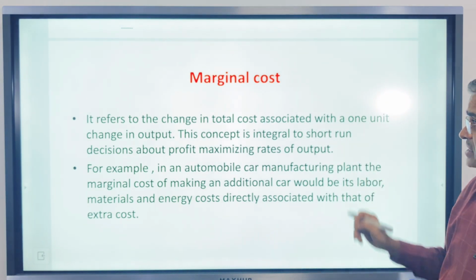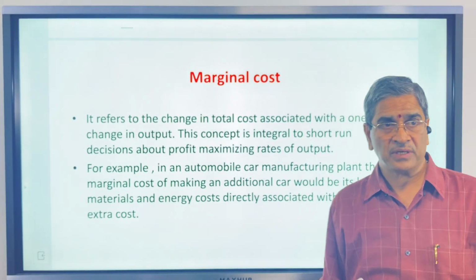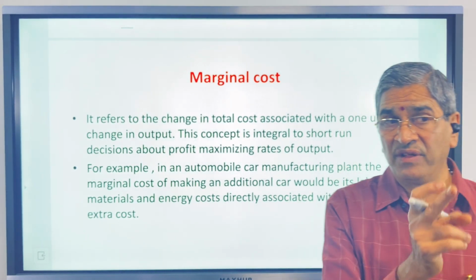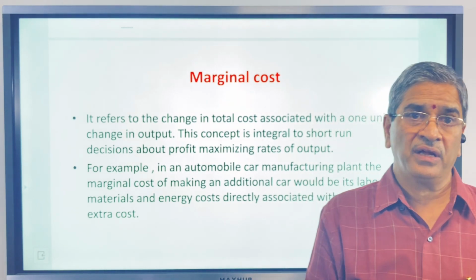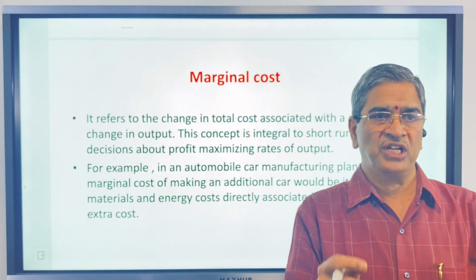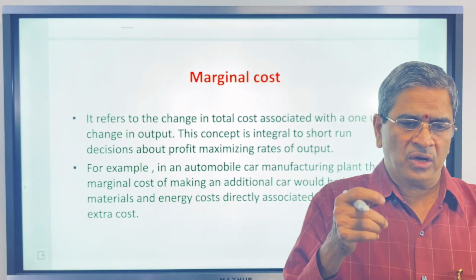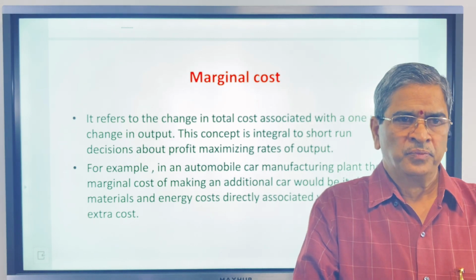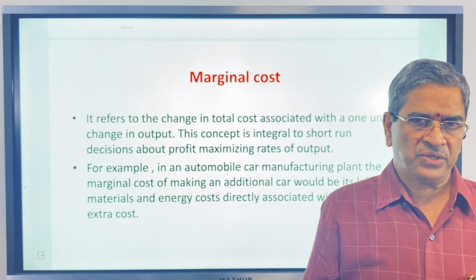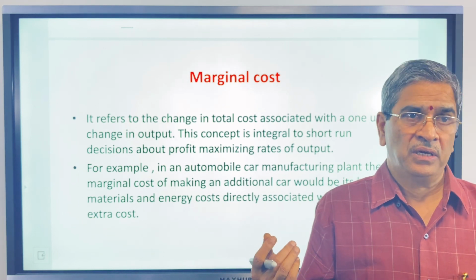Then we have another concept known as marginal concept. Marginal concept, as we have defined in marginal productivity theory, marginal means additional. The cost of producing additional output is called marginal cost. What do you mean by that?